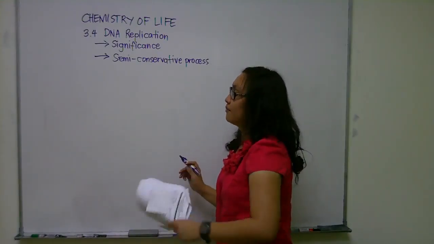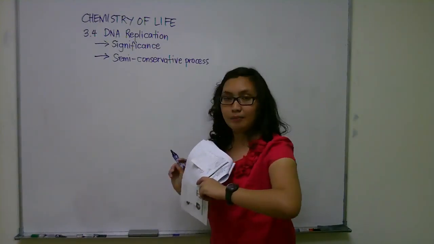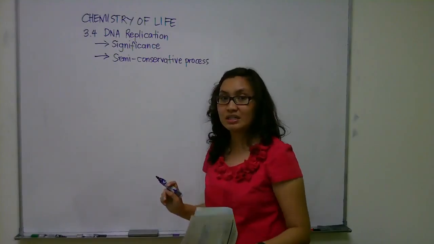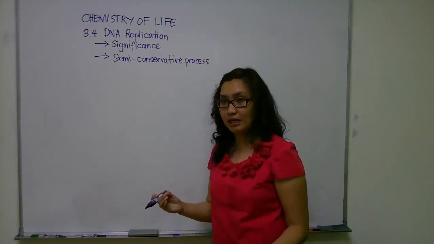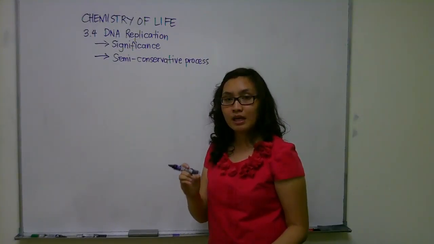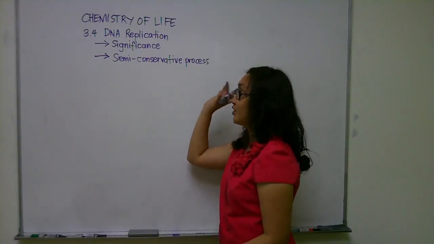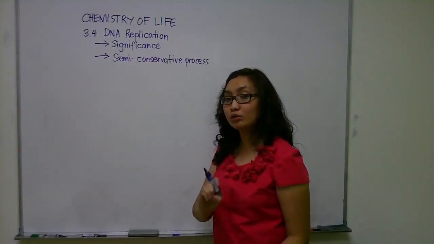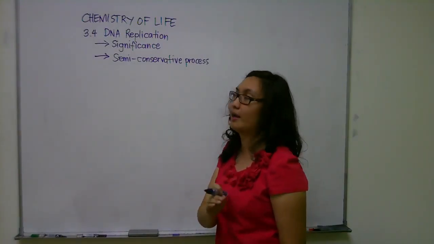In the case of a semi-conservative process, you can just say that DNA replication needs an original DNA strand as the template strand to form a new DNA. So the daughter strand formed right after DNA replication contains the old DNA strand. Okay, half of it contains the old DNA strand.